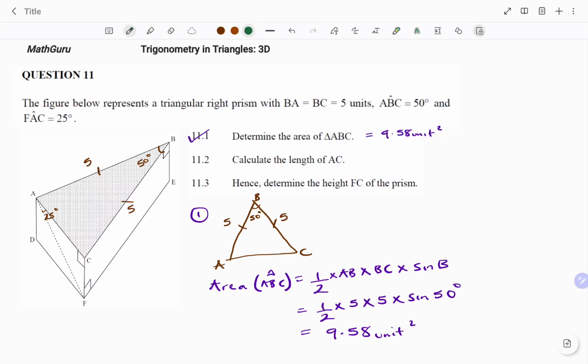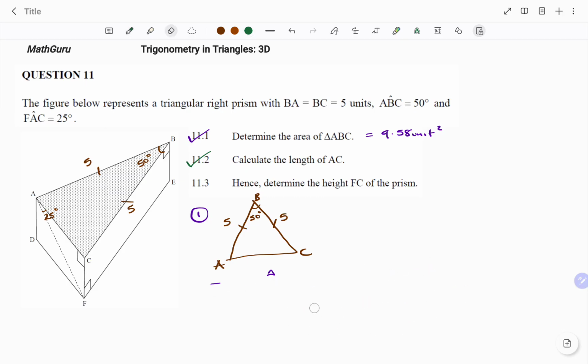The second part of my question says, calculate the length of the side AC. So I'm going to use the same diagram for my second question.